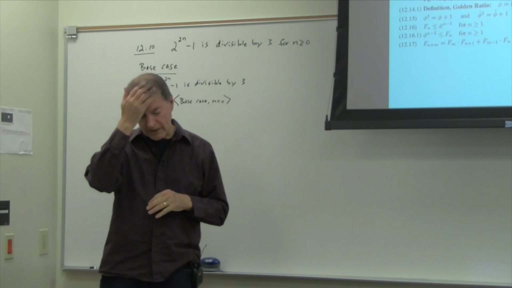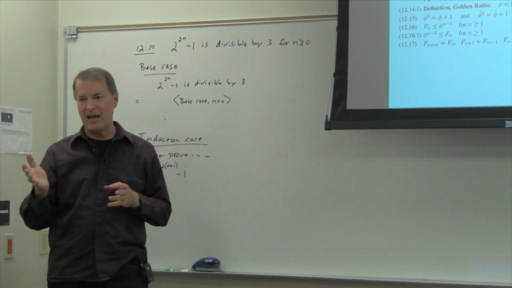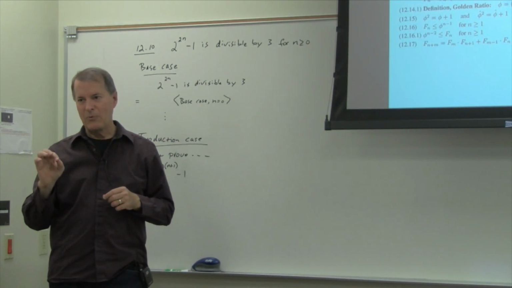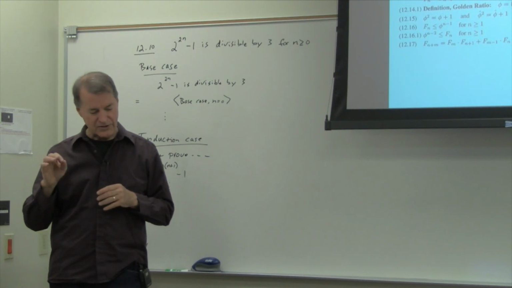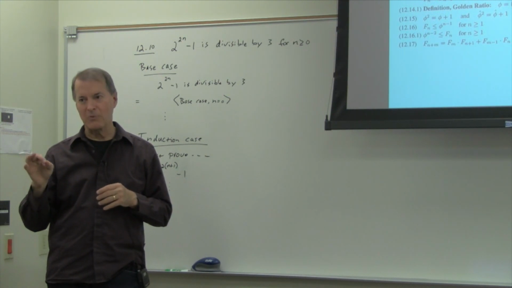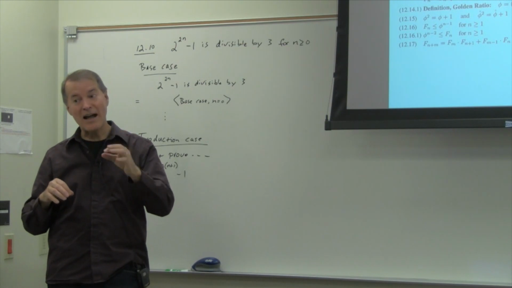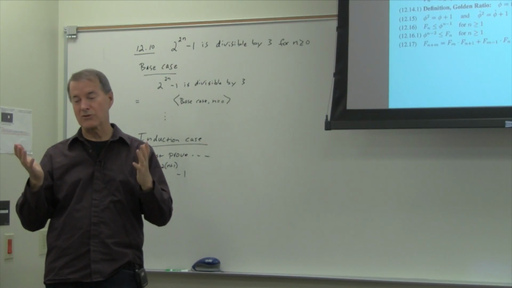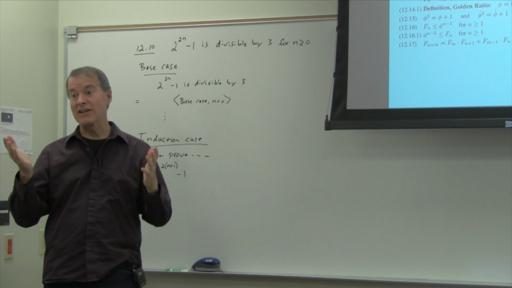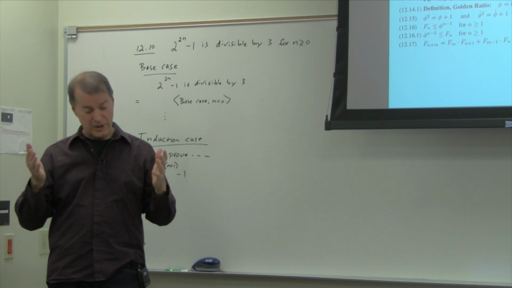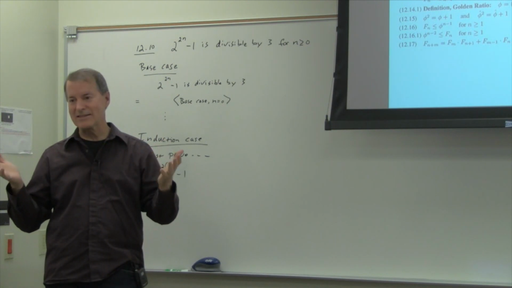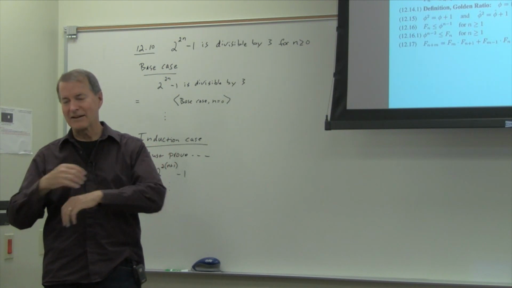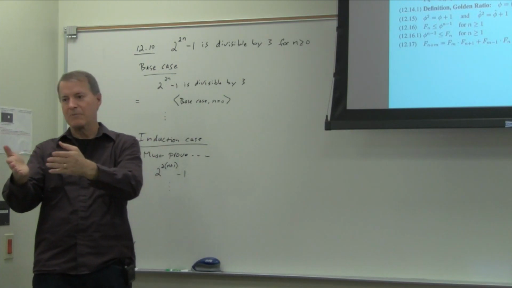I know, but on the other hand, we don't know that 2 to the 2n is divisible by 3, but we do know that 3 times that is divisible, because we do know that 2 to the 2n is an integer, right? Yeah, right. We know that 2 to the 2n is an integer, so 3 times an integer is divisible by 3. Sure. Are you with me? So we can make that claim easily.